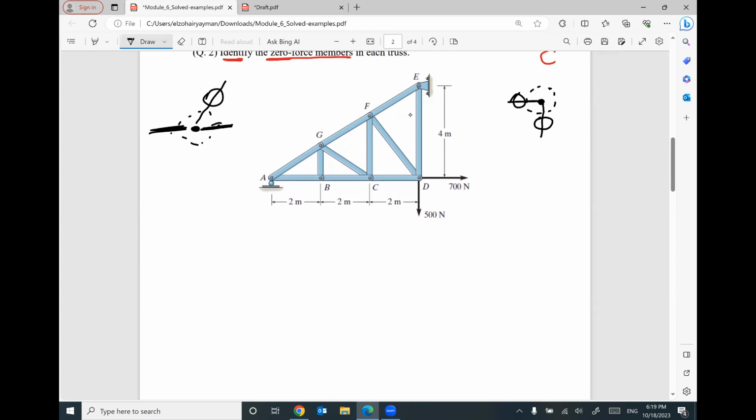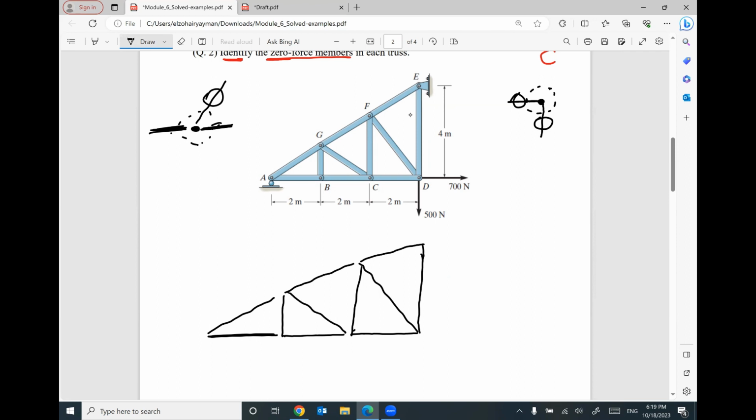Before starting, I do recommend to redraw your truss. So I will redraw my truss using my pencil. Like this. This is my truss.